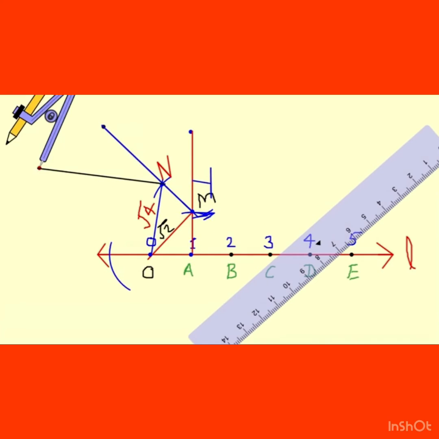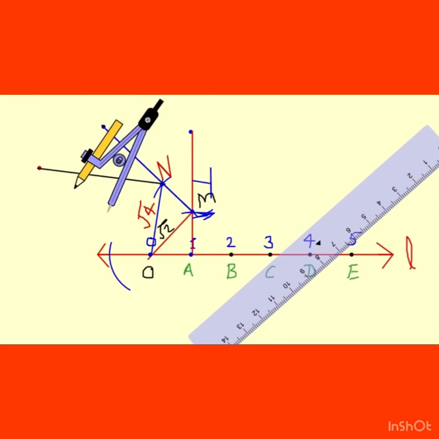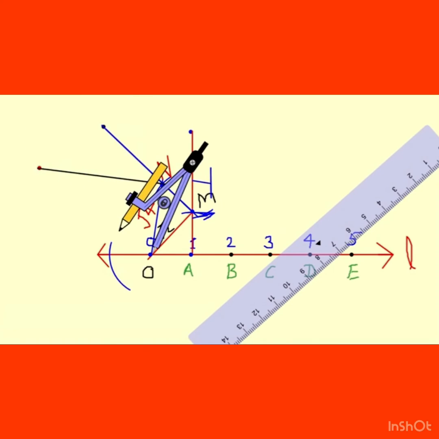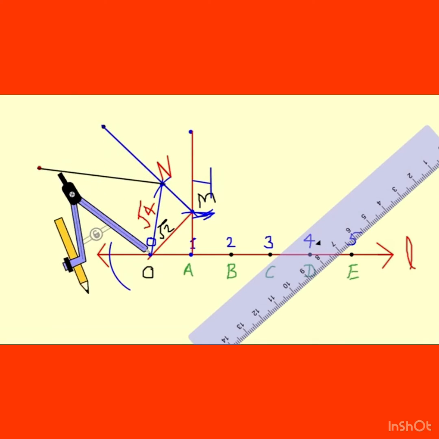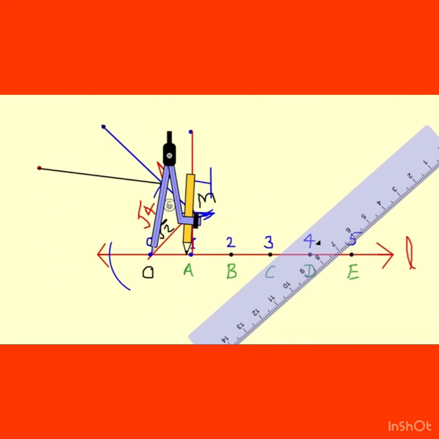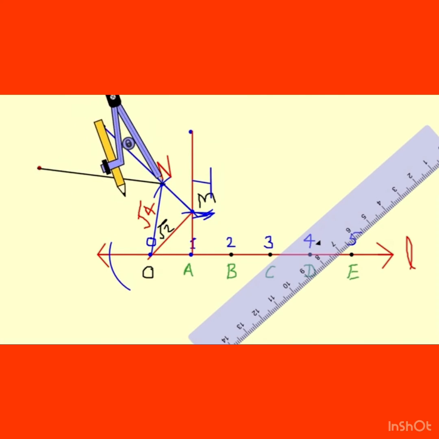Okay, and after that once again we will take the compass and it is just the exact 1 unit distance. Here you can see that this is exactly 1 unit distance which you take in the starting. Okay, and placing this compass at this point of intersection, mark a next arc.